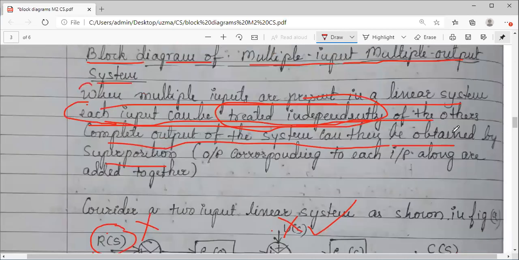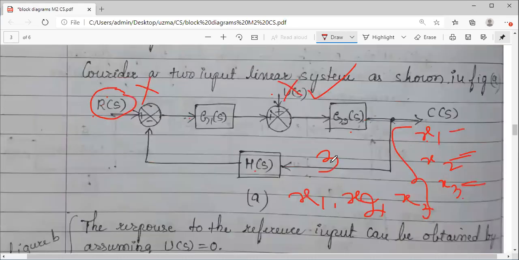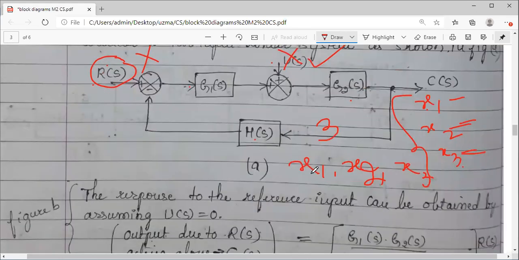After that, what is the statement? The overall output of the system is obtained by the superposition. That is, if I consider only x1, what is the output? I will check, say, my output is y1, and when I consider x2, keeping other two 0, my output is y2.